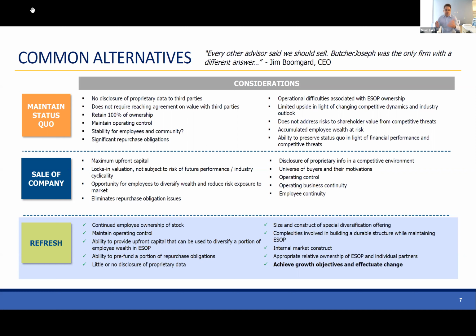And it could, segueing into the next bullet, be to pay for some of the repurchase obligations, to pre-fund that. And of course, little to no disclosure of proprietary data. There is none at all if you're talking about no capital raise, and otherwise you're dealing with a friendly party in the case of an established banking relationship.